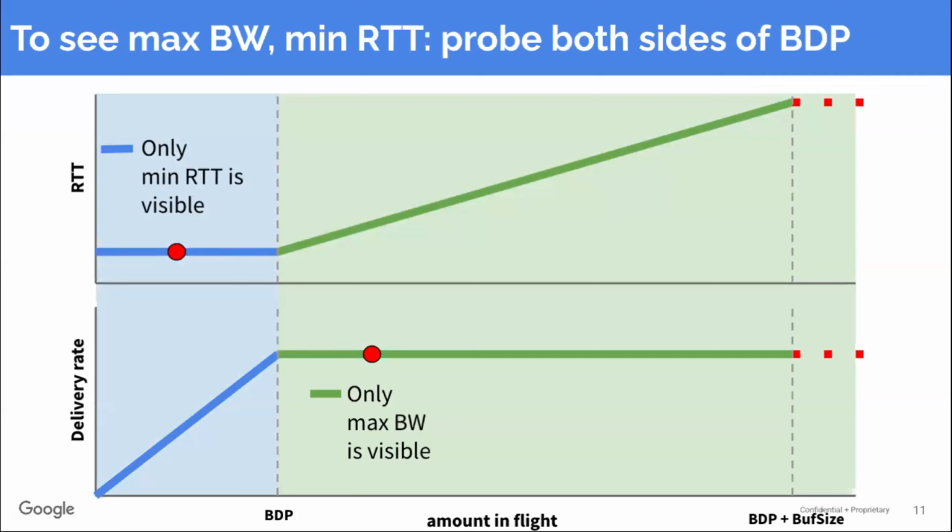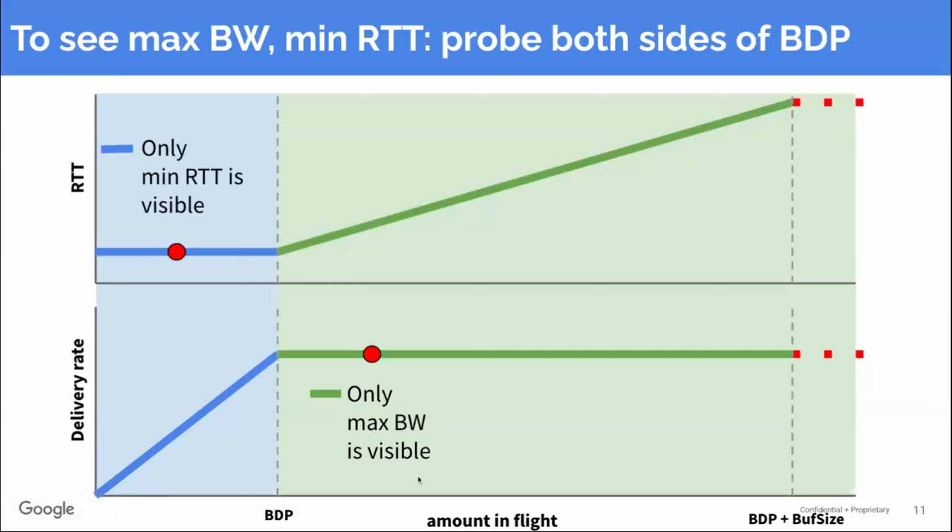We can form estimates in that way, but one interesting thing to keep in mind is that in this space of possible amounts of data in flight, we have two different regions. On the left of the bandwidth delay product, only the minimum round trip time is visible, because we have a small amount of data in flight and keep a minimal RTT, but our delivery rate is not reaching the maximum available.